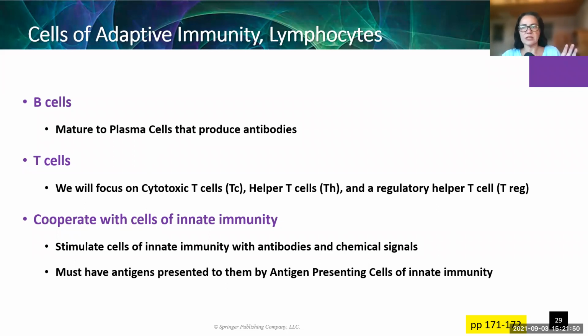If you're very interested in the details about how you get so much variety, our textbook goes into enormous detail about it. We are not going to go into that unless you want to ask me some questions about it. Otherwise, let's just say B cells and T cells are highly specialized for a particular shape, and we're not going to get into how.